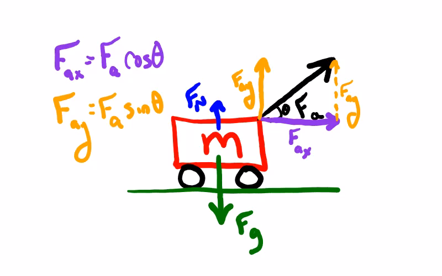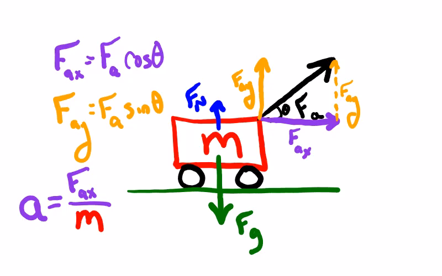So I could figure out the acceleration using F equals ma, but the F that I would put in here would be the FAX, and then I would divide that by the mass of the object, and that should give me my acceleration. The reason I'm using the FAX is there's nothing that's opposing that. So we're assuming this is a nice little frictionless surface, or the wheels are rolling well enough and we don't have to worry about it.